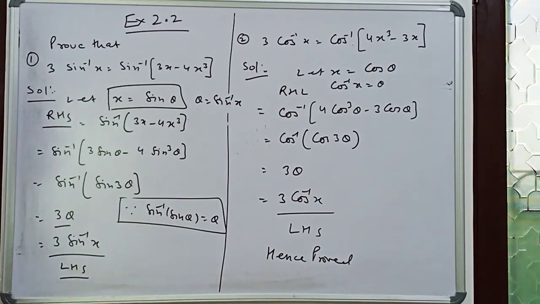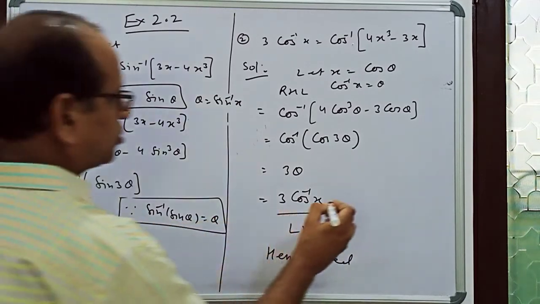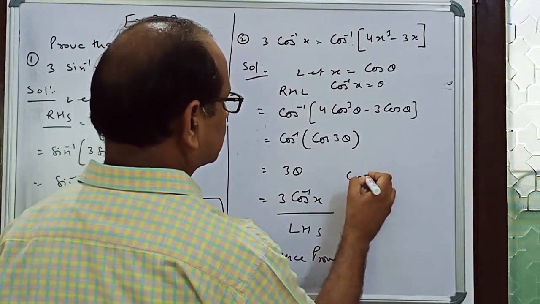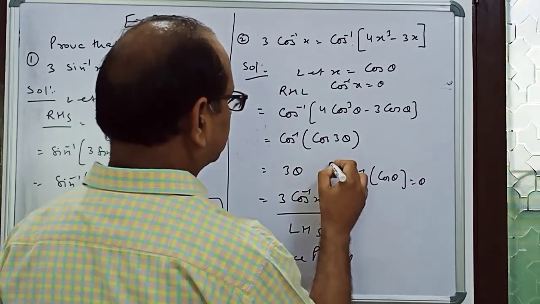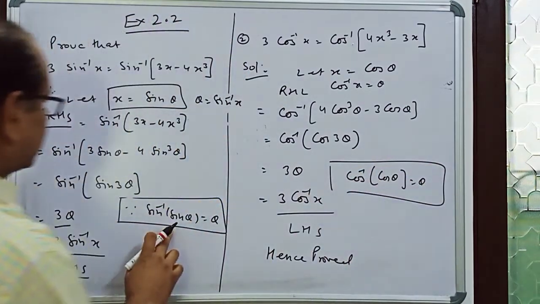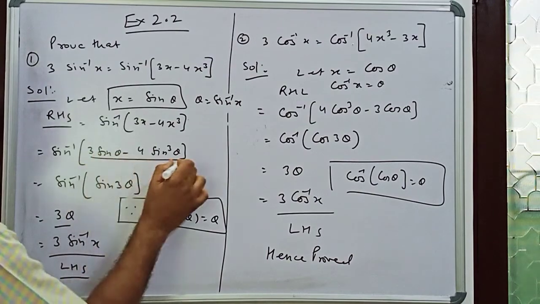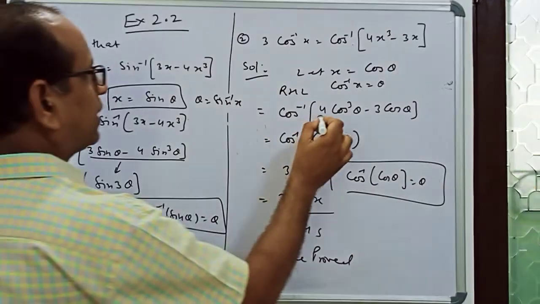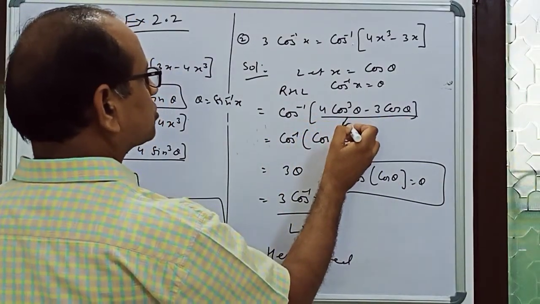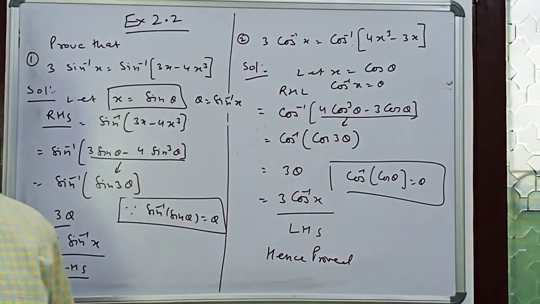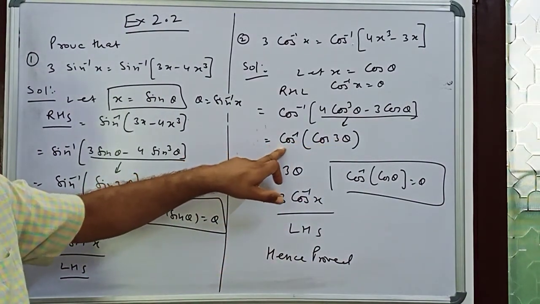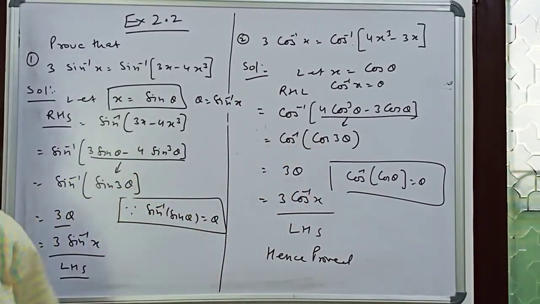But here I want to tell you that we have used one formula, and that is cos inverse of cos theta is equal to theta. This is one. This is the second one. The third one is 4 cos cube theta minus 3 cos theta equals cos 3 theta. Indirectly you can see inverse is there and cos is there, so it will be 3 theta.